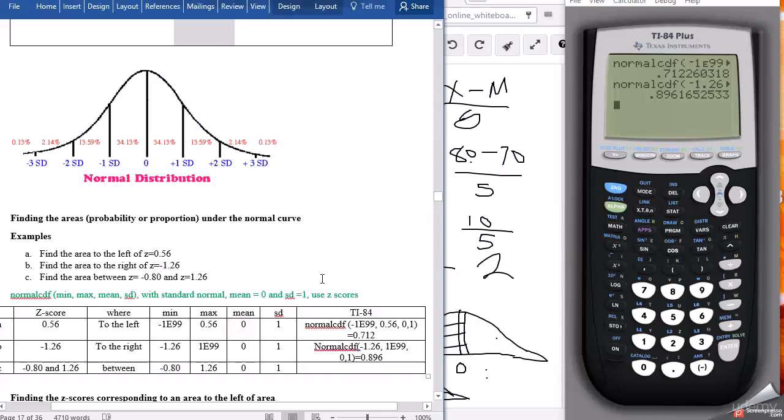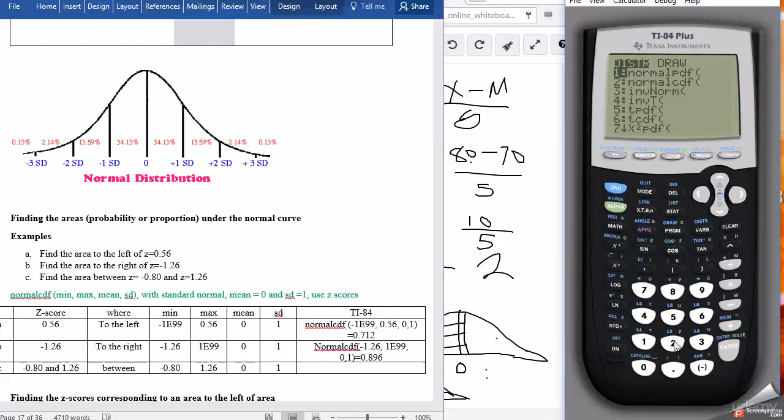Okay, so lastly, we are asked to find the area between z equals -0.8 and z equals 1.26. The same thing we're going to do. The minimum is going to be -0.8 and the maximum is 1.26. So we have second VARS, select number 2 again.